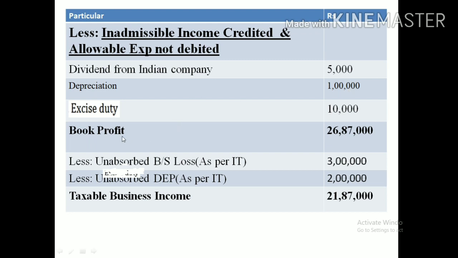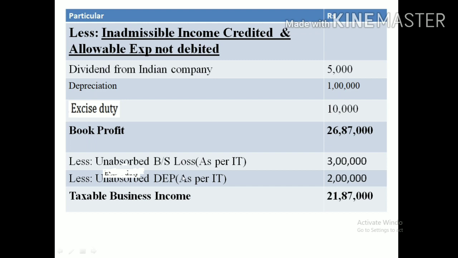Another one is excise duty paid during the year. That should be taken as allowable expenses not yet debited. Then we will get book profit, that is 26 lakhs 87,000.